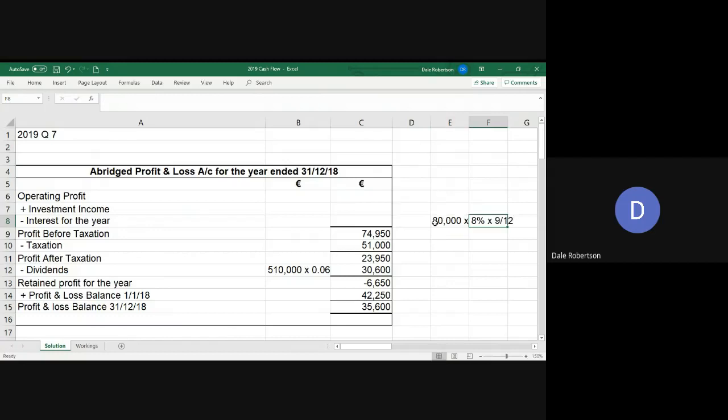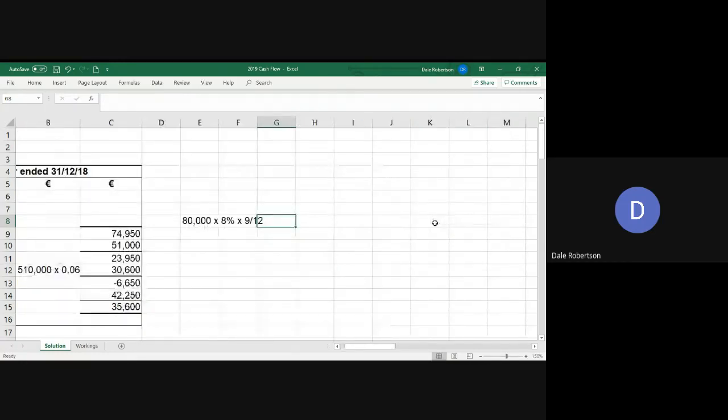So when you work that out, I'm going to do that sum here for a moment. That's going to be 4,800. And then you had 120,000, which is the loan after it has been increased by 8%.